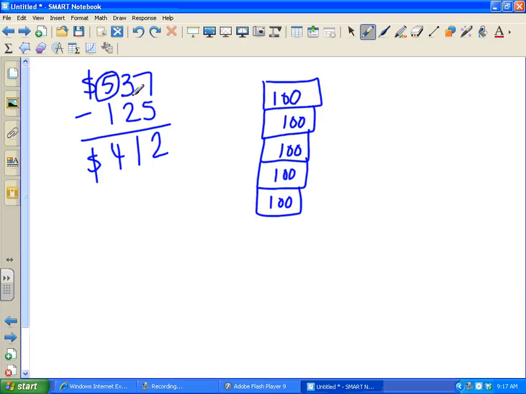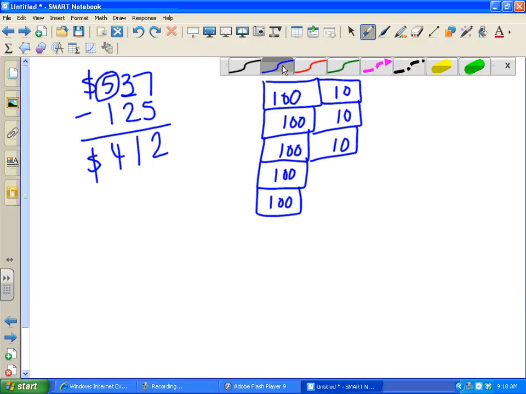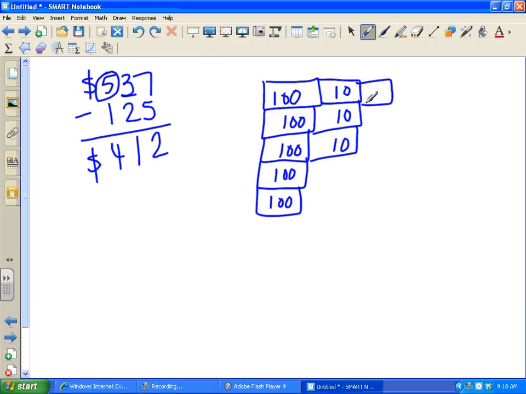Now, how many tens? 3 tens. And how many ones do I need to draw? I need to draw 7. Here we go. 1, 2, 3, 4, 5, 6, 7.